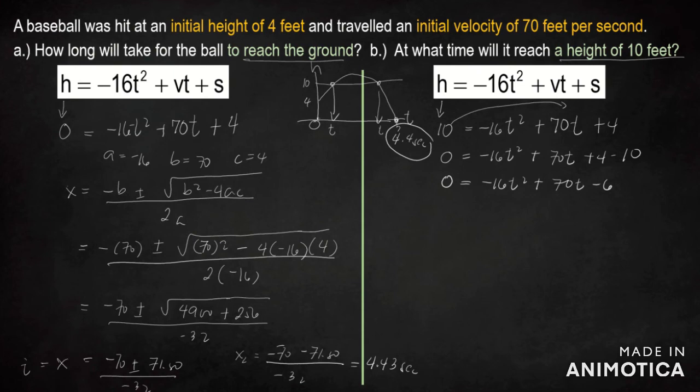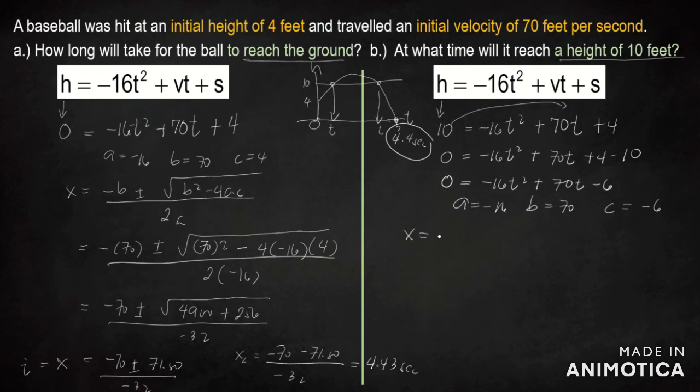The next thing that we are going to do is identify the values of A, B, and C. Our A here is equal to negative 16, our B is equal to 70, and our C is equal to negative 6. Then we substitute these values in the quadratic formula.